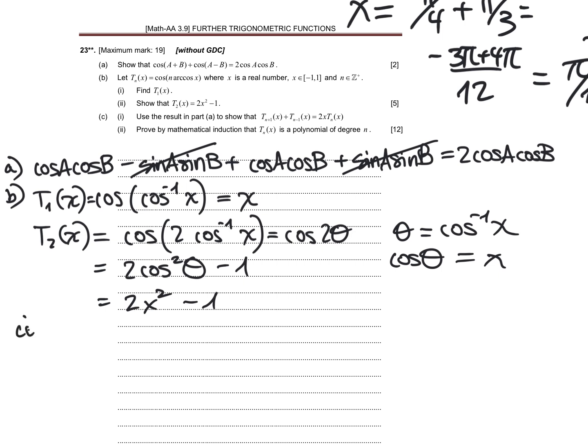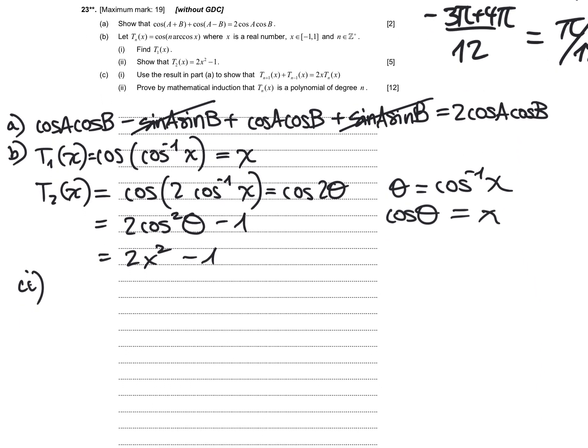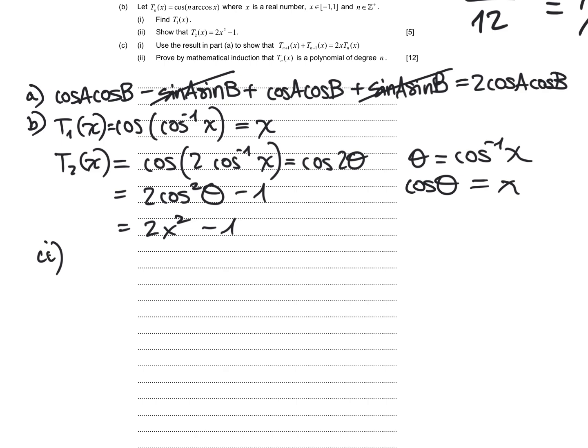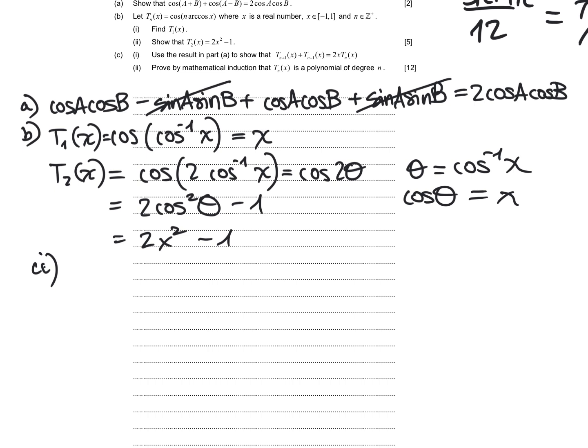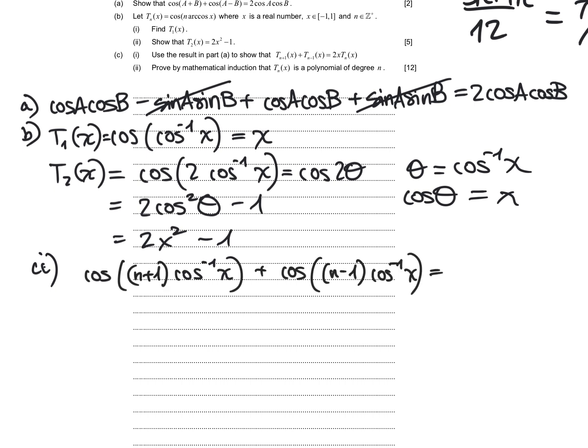All right, C. Use the result in part A to show, by induction, T_(n+1). So T_(n+1) is cosine of (n+1) cosine inverse x, plus cosine of (n-1) cosine inverse x. Cosine distribute.